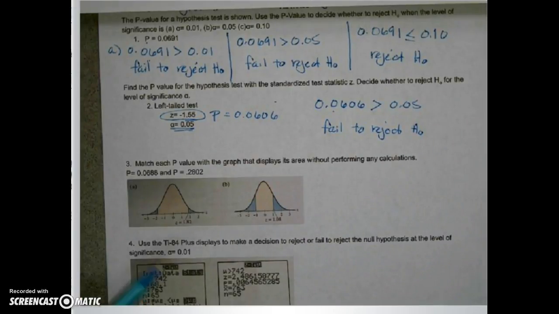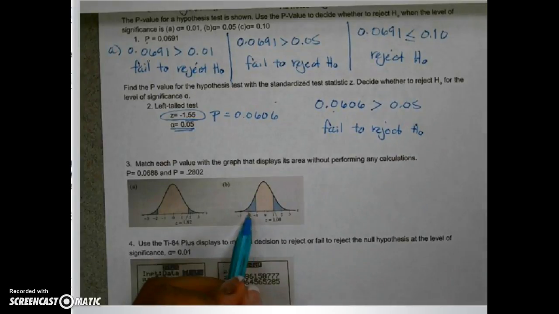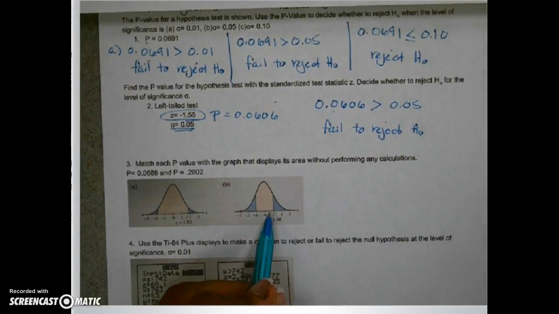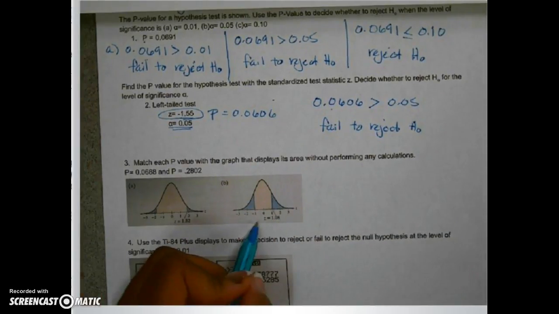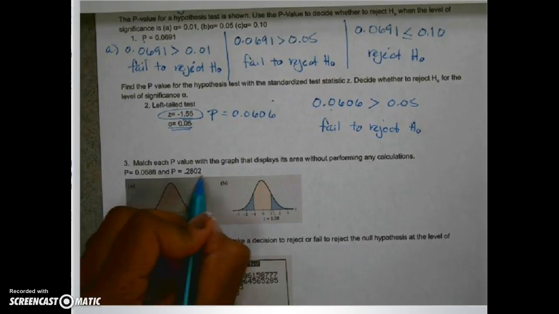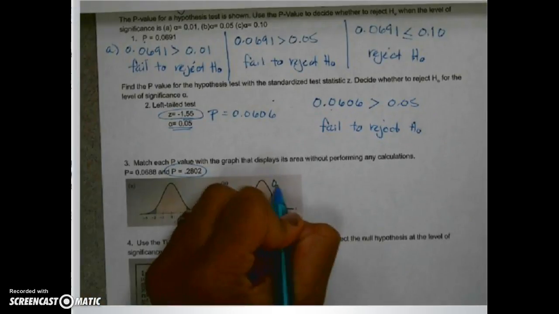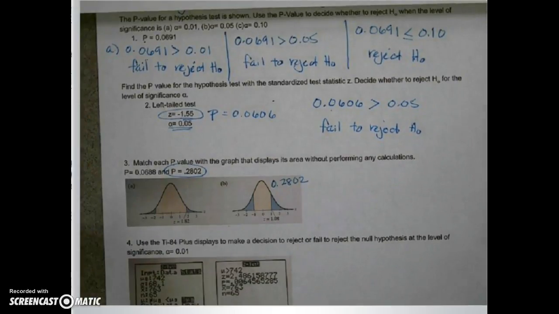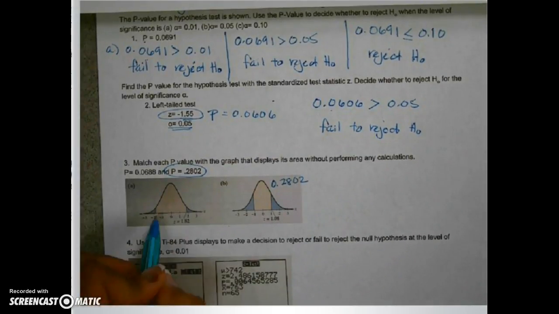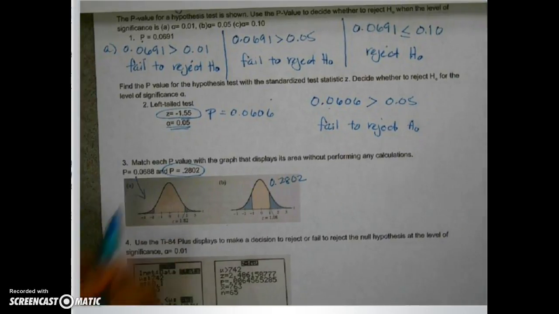Looking at these two graphs, this one has a larger shaded area, which tells me it should be the larger p-value. It looks like this one does, at 0.2802, and this one, because it has a smaller shaded area, should go right here.